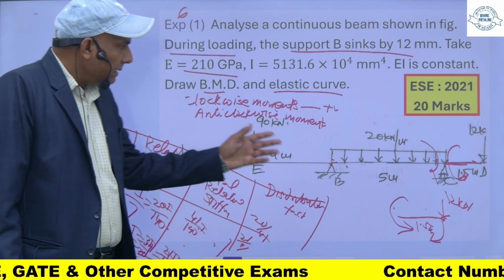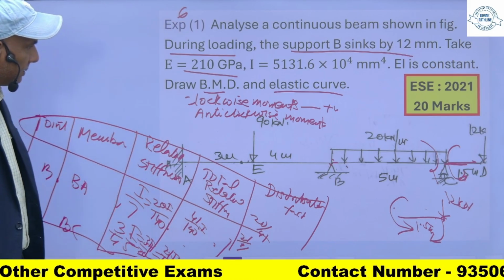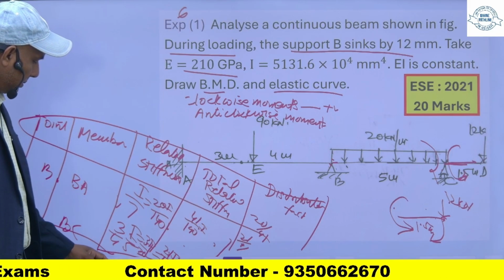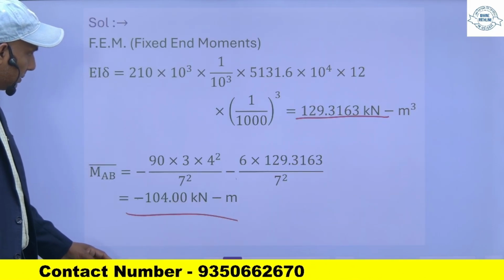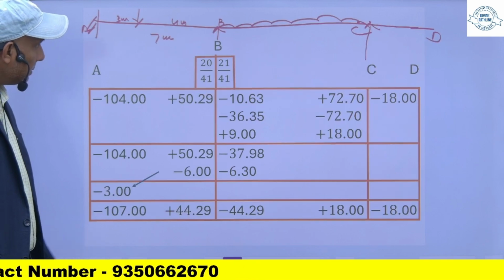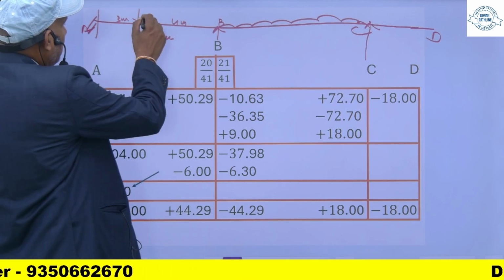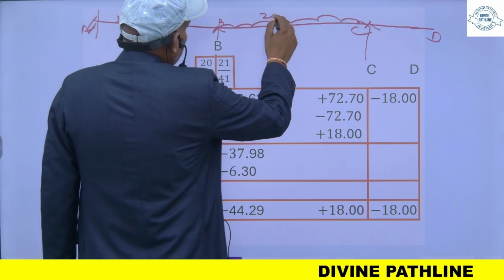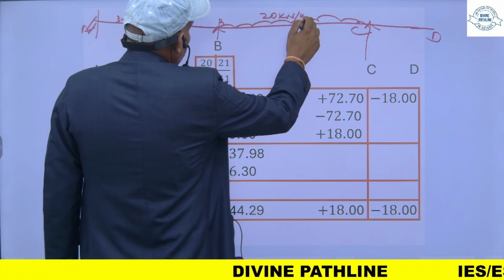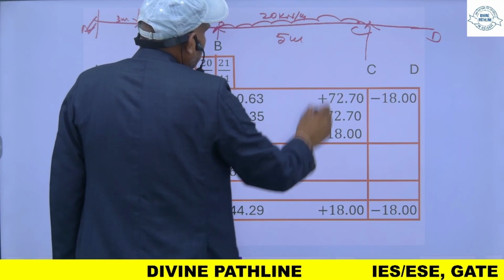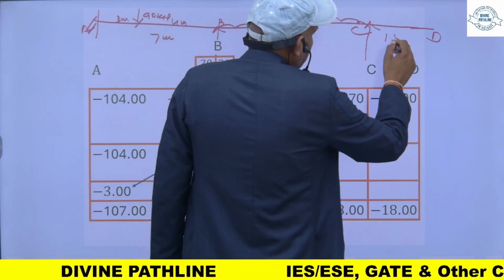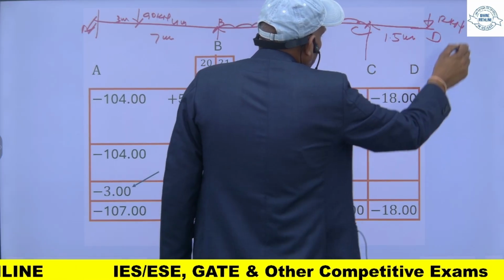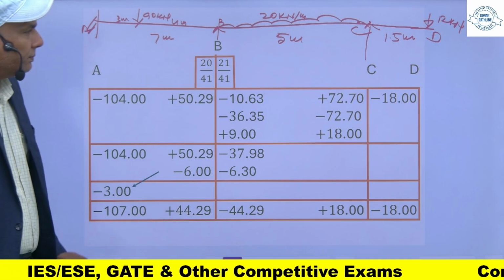So this is 90 kilonewton and 20. So this is the beam.